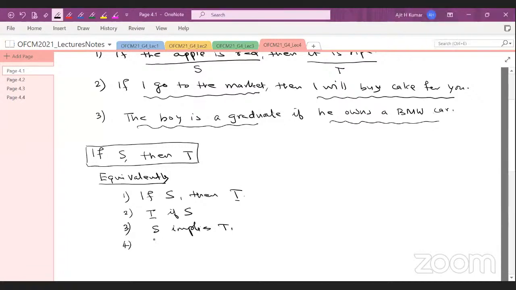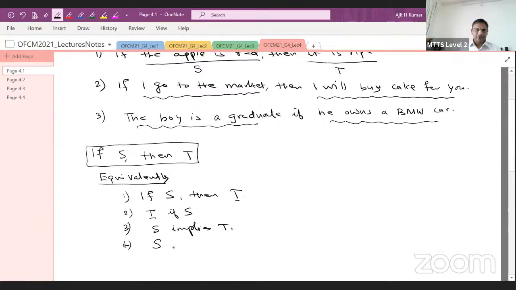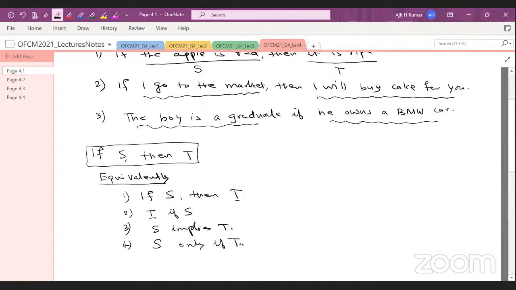Yes, if and only if T. Does it say if and only if? Yes, only if T. Which only if T? You want to say S? Yes, only if T. S can happen only when T can happen, right?